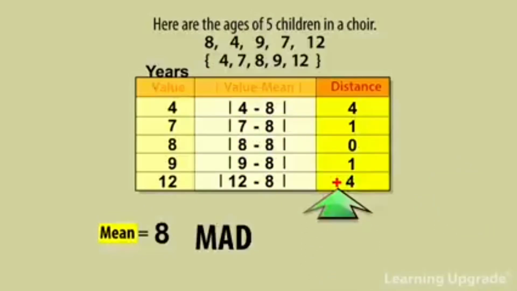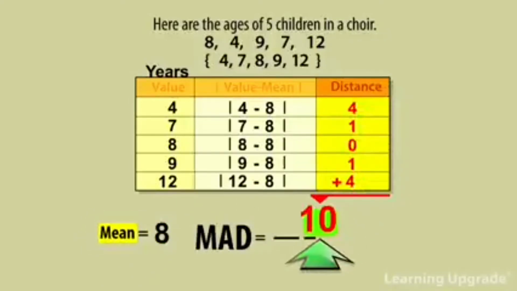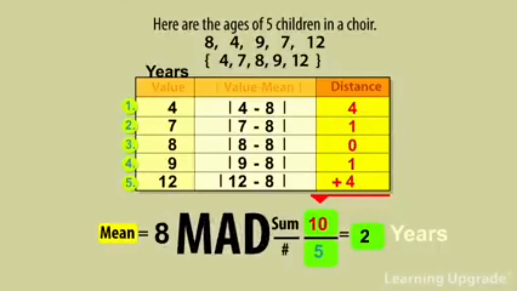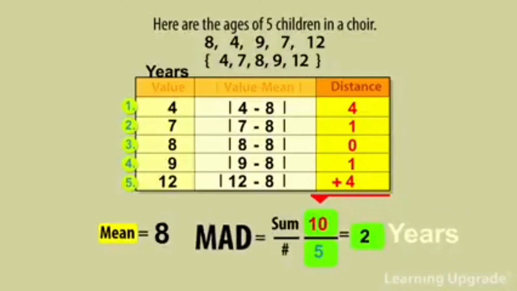Add up the number of units away from the mean. 4 plus 1 plus 0 plus 1 plus 4 equals 10. Divide 10 years by 5 students equals 2 years. The mean absolute deviation is 2 years.